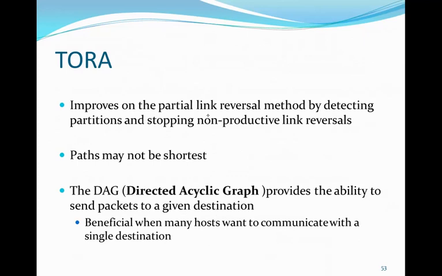It also provides some sort of linkages or routes that were not the shortest. Another important thing is the directed acyclic graph, which provides the ability to send packets to a given destination. Now, it is beneficial when many hosts want to communicate with a single destination.